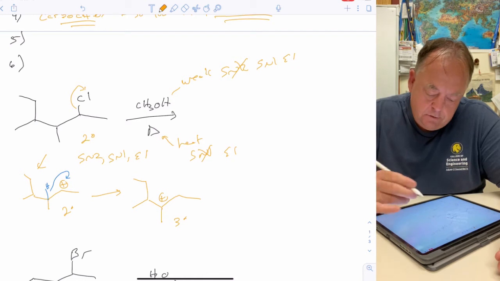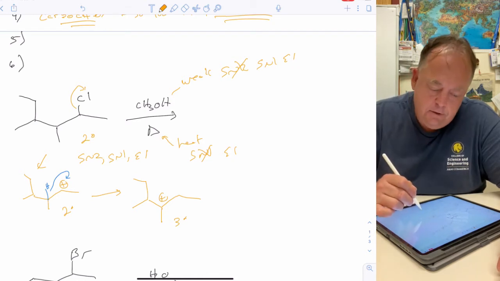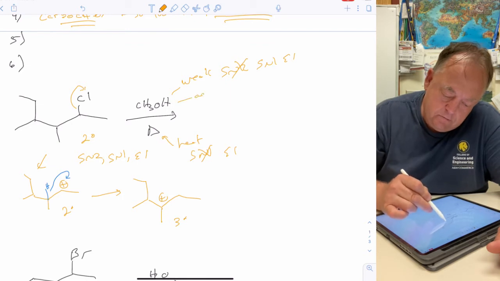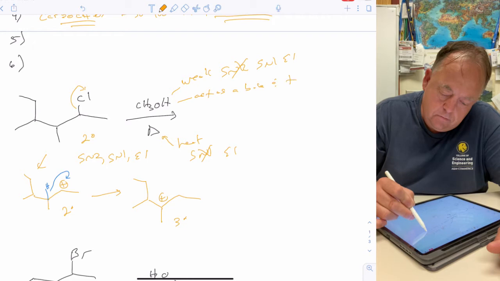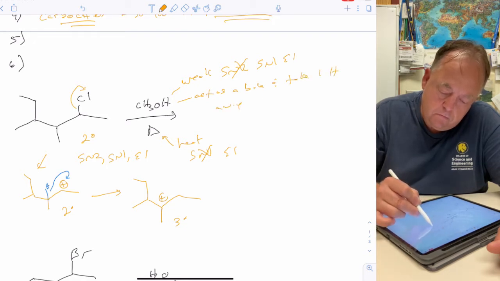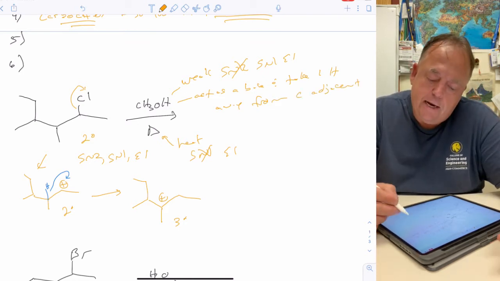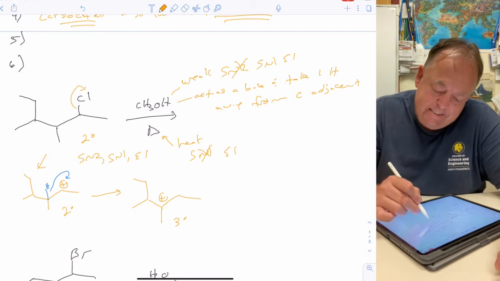And so now this is going to do an elimination. So this will act as a base. So it's going to take one hydrogen away from a carbon that's adjacent to the carbocation.